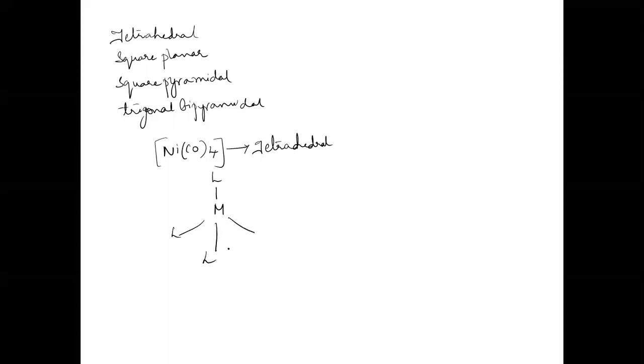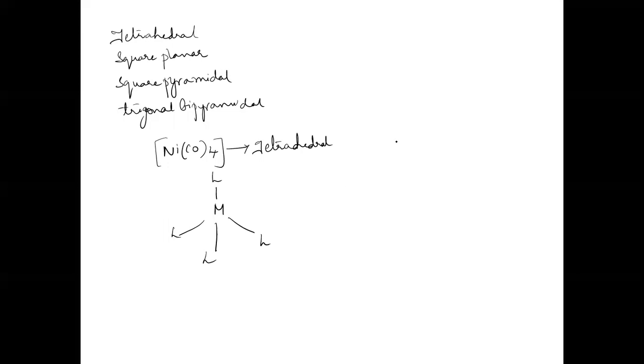Let us discuss a few of the geometries here. If I take the example of tetrahedral geometry, that is possible for nickel with CO. The geometry present is tetrahedral. You know how it is linked. This is the tetrahedral geometry.